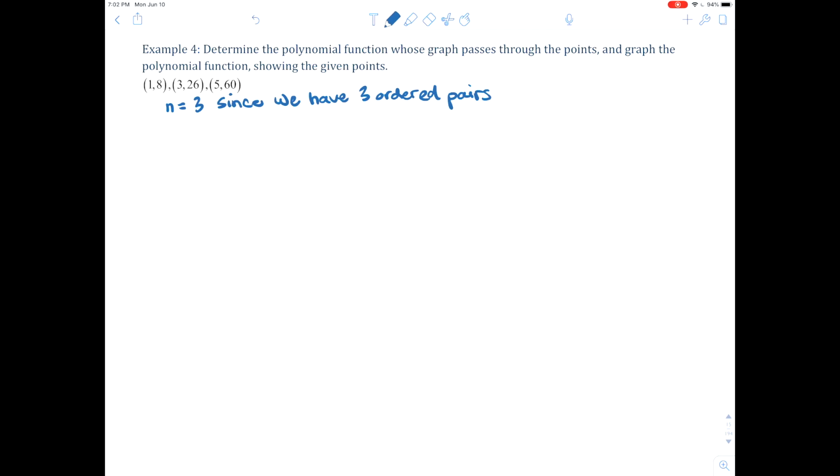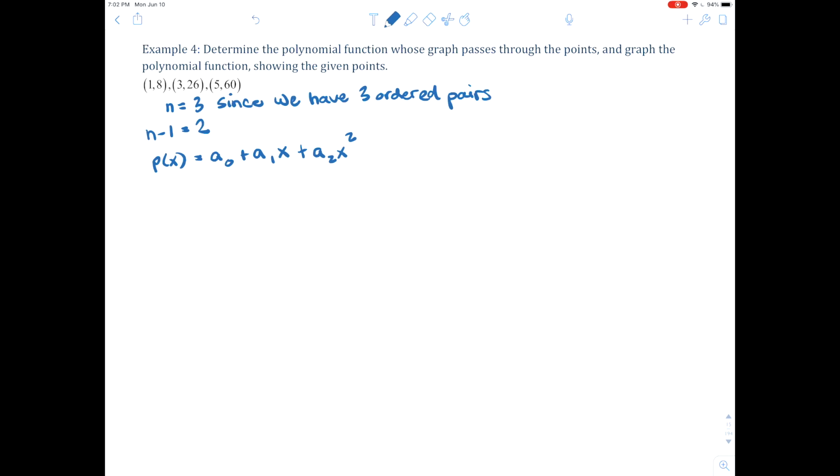That means that n minus 1 is going to be 2. So in general, a polynomial in x is equal to some a0 plus a1x, and we are going to a degree of 2, so we'll have plus a2x squared. If we had 5 ordered pairs, we would have a 4th degree polynomial, okay?